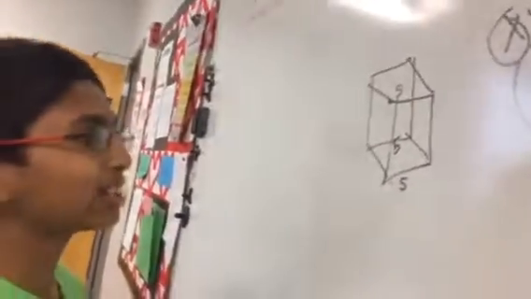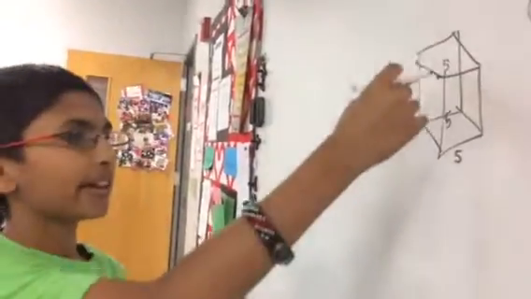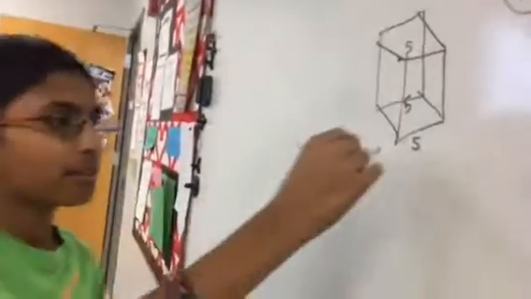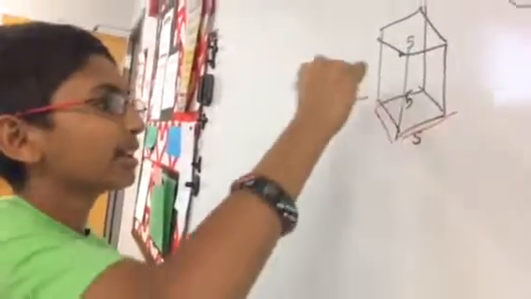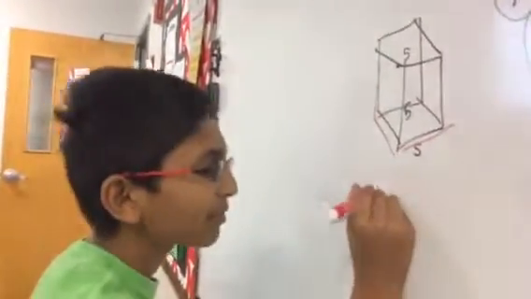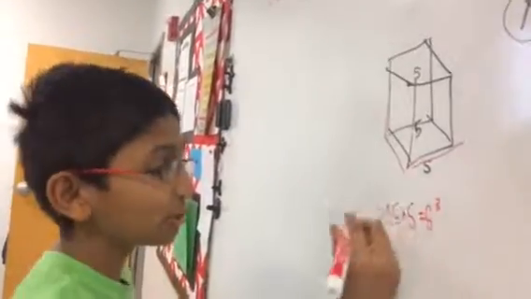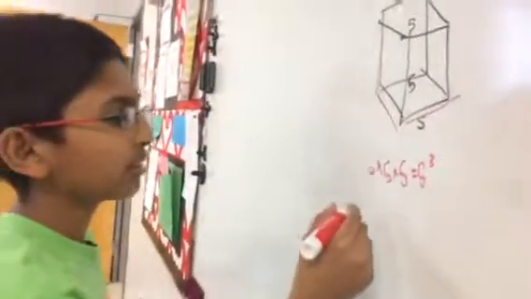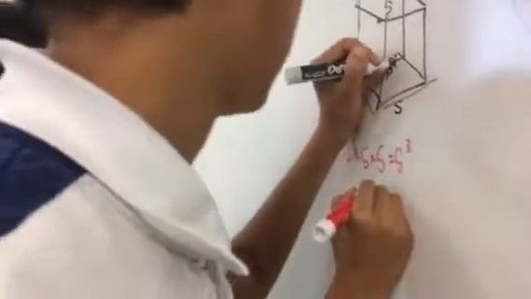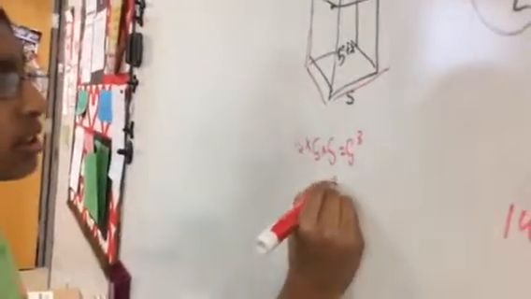Okay, so what we need to do is multiply all of these, right? If you want to find the volume, you have to multiply this times that, right? So we do 5 times 5 times 5, or 5 cubed, which is 125. 125 feet cubed, right?